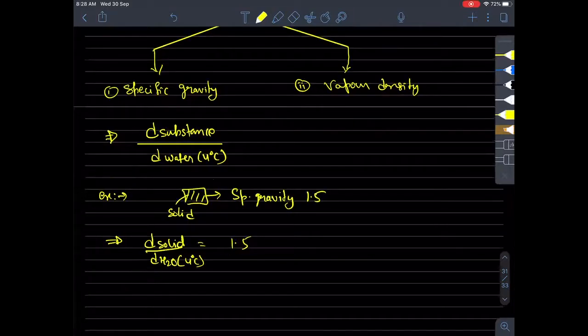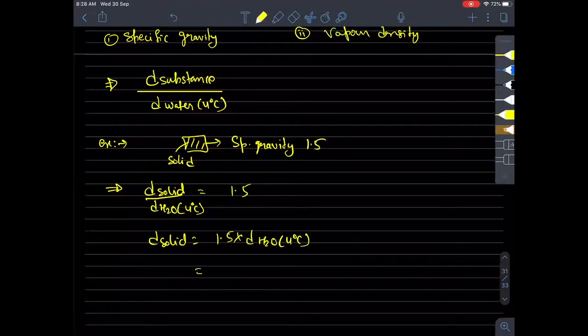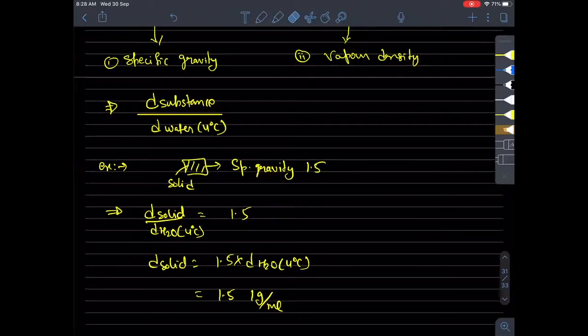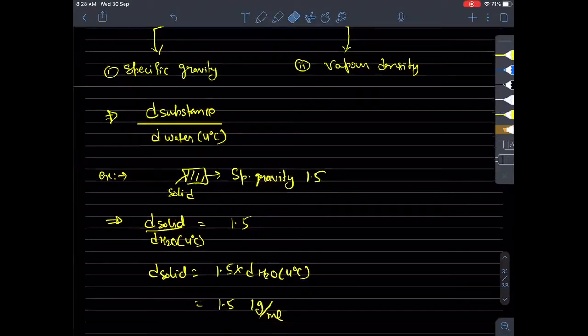Basically, the density of the solid is equal to 1.5 multiplied by the density of water. At 4 degrees centigrade, the density of water is nothing but 1 gram per ml or 1 gram per cc. So this is simply 1.5 gram per ml or per cc. That's what specific gravity actually means. So if the specific gravity is known, you simply write gram per ml, and that will be the density of that substance.